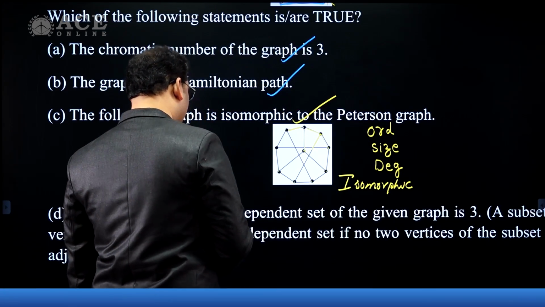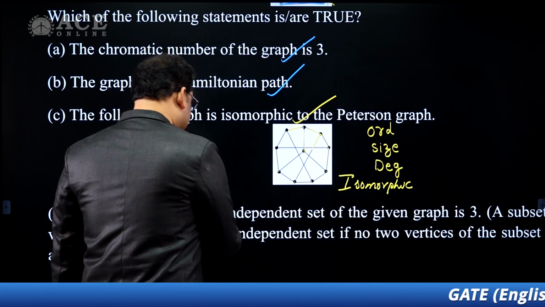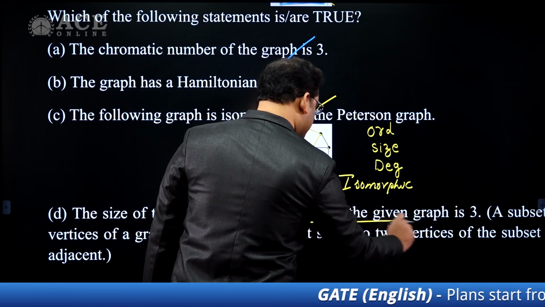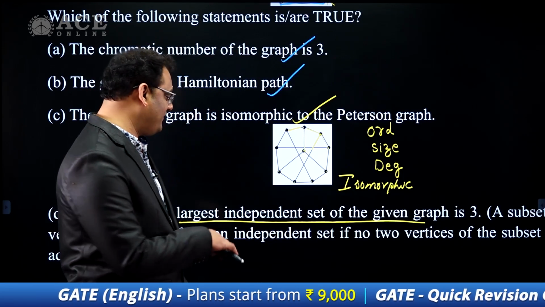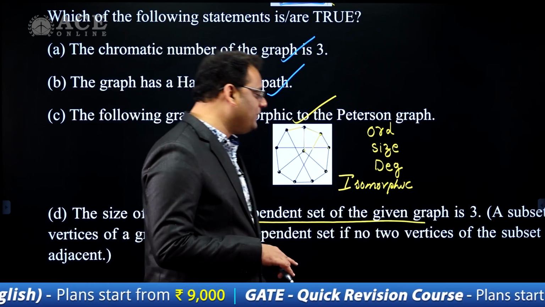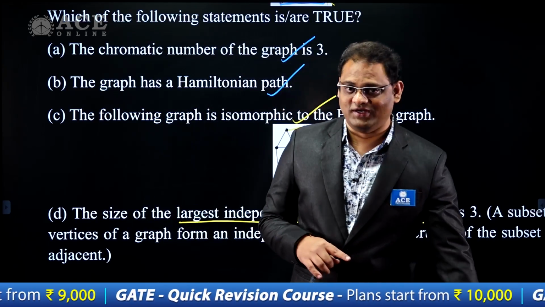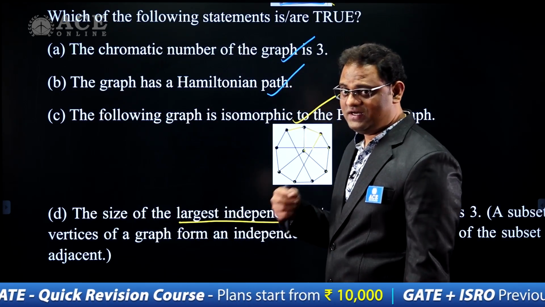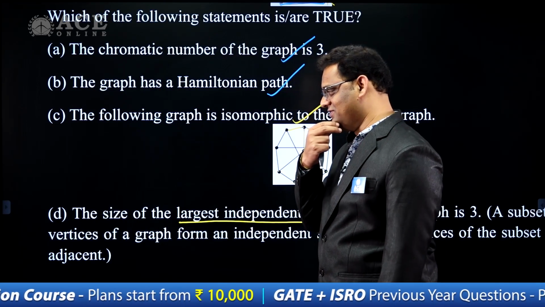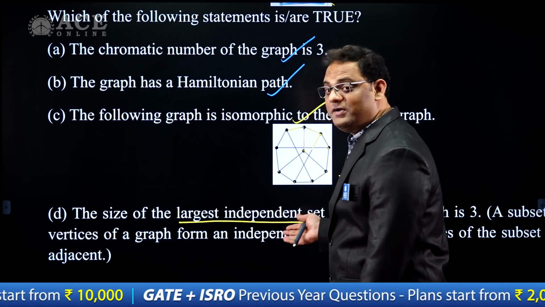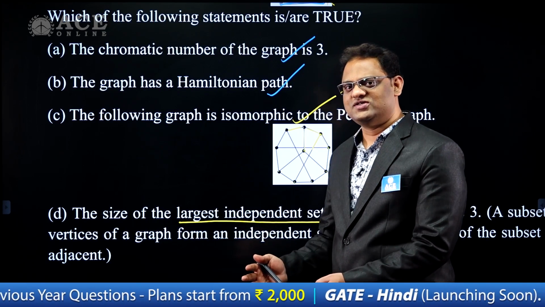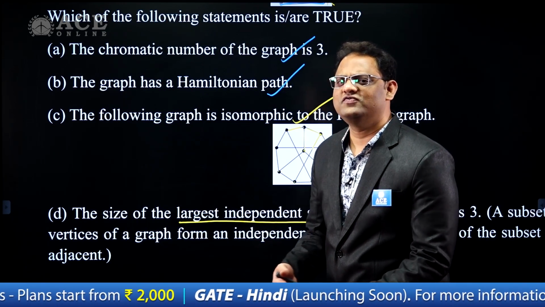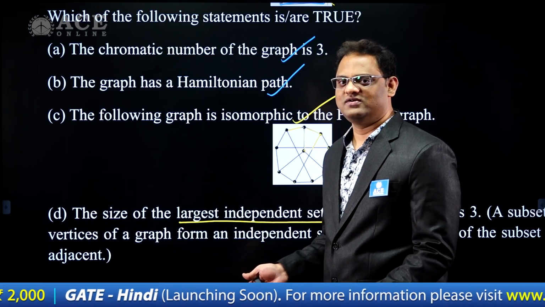Whereas coming to the fourth one, the size of the largest independent set of the given graph. For the Petersen graph, the largest independent set, I think it's not 3. It can be 4 also. An independent set is a set of vertices which are not at all neighbors to each other.